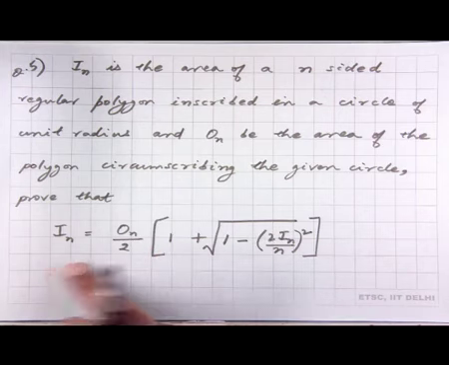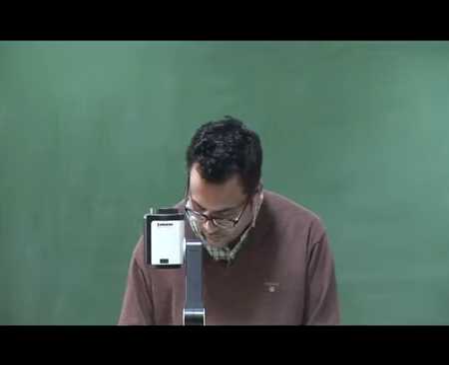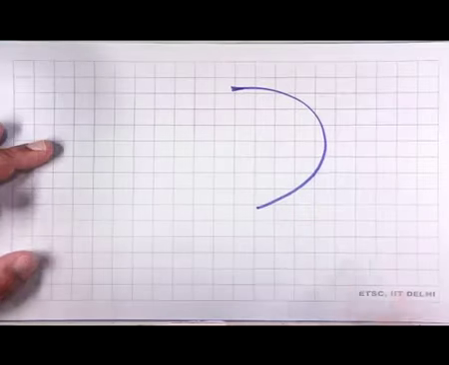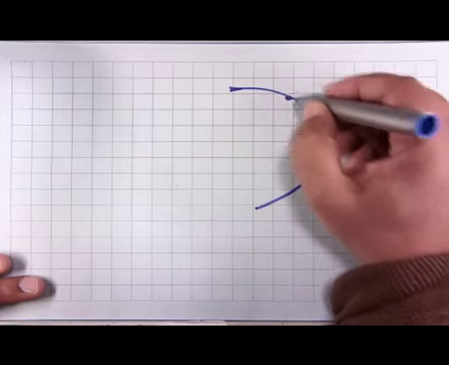And then we are asked to show this relation between In and On. So, let us consider a circle in which we are inscribing this n-sided regular polygon.